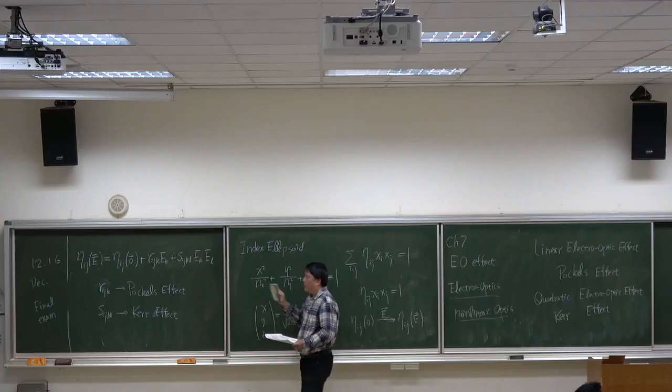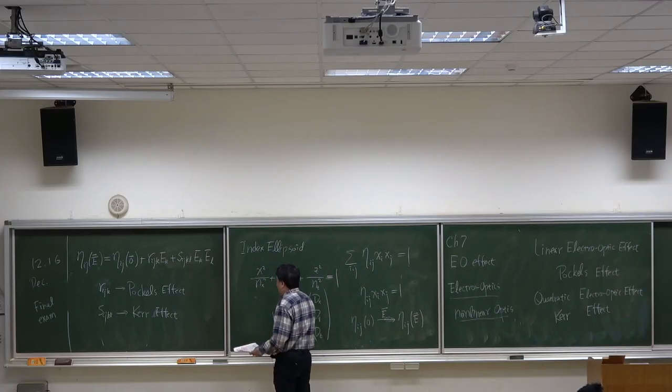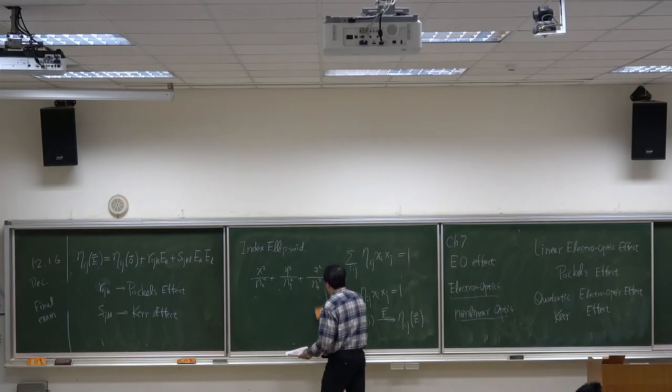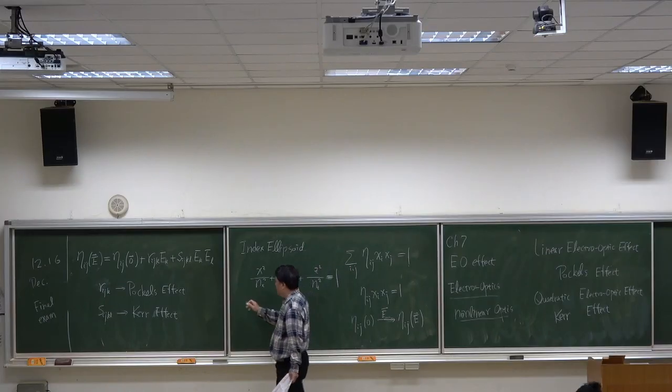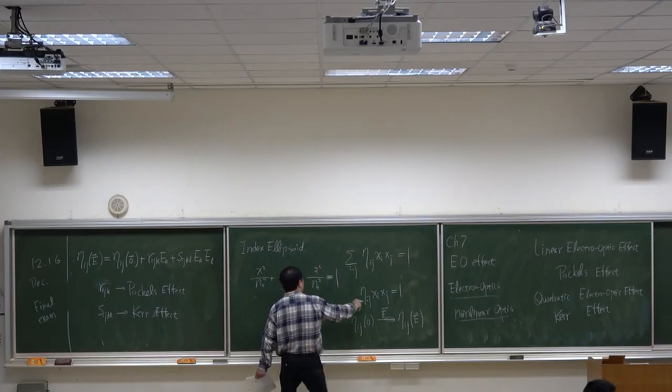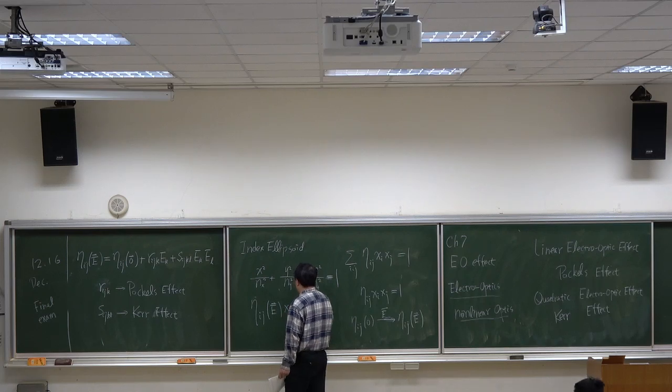So after we apply the external electric field, the original index ellipsoid now becomes eta ij of E times xi xj equals 1.